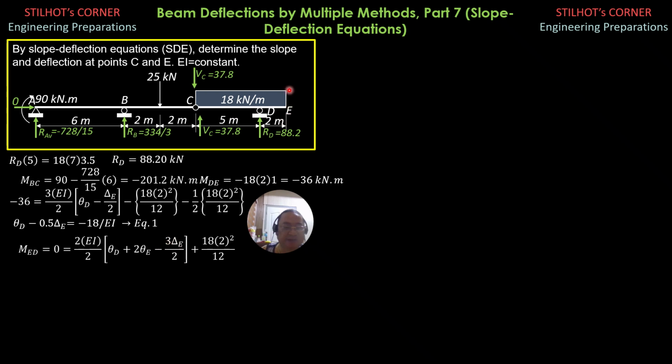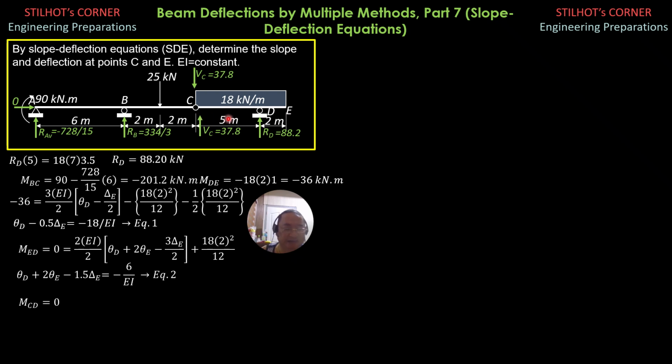Then the fixed moment at the far end is positive 18 times 2 squared over 12, and this is positive 6. Therefore, simplifying, theta D plus 2 theta E minus 1.5 delta E equals negative 6 over EI. I call that equation 2. We cannot solve equations 1 and 2 simultaneously because there are 3 unknowns involved. So we proceed to the next situation.